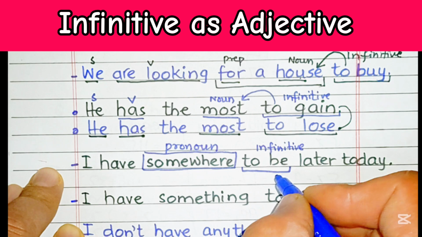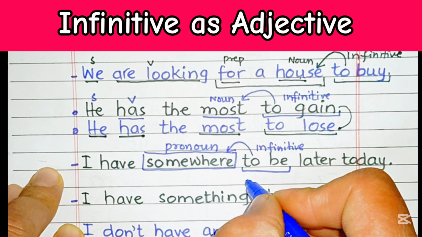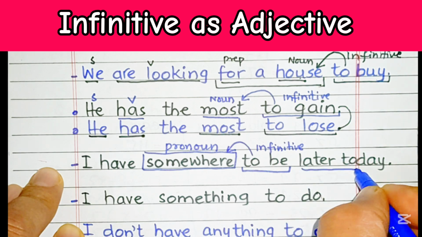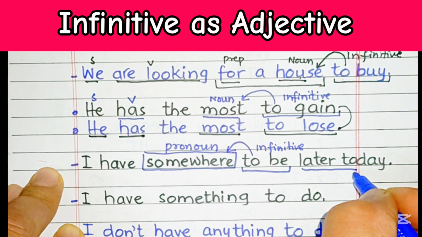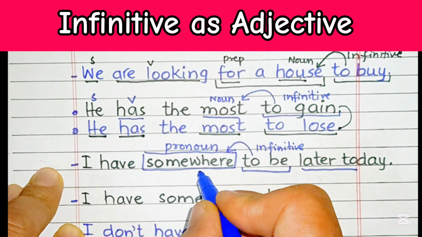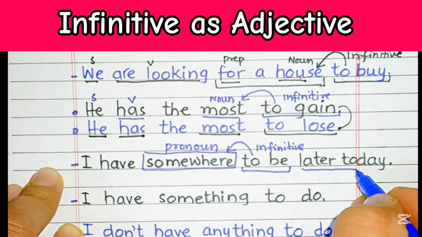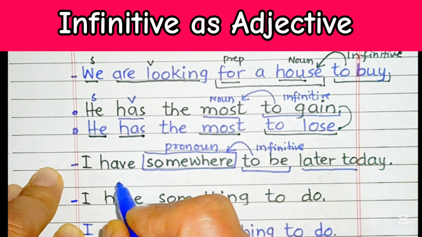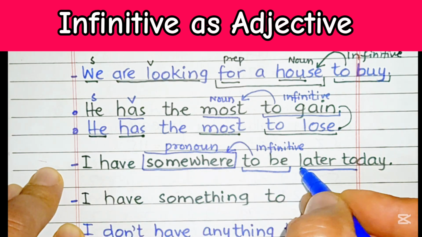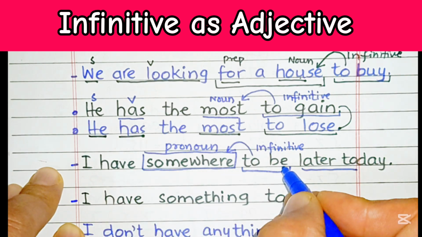The infinitive just gives more information about somewhere, and later today is just added on time, which is not that necessary. We may skip it. So I have somewhere to be, and if we add later today, it just adds time, which is not that necessary. So we will say I have somewhere to be later today, or I have somewhere to be. This is quite good.